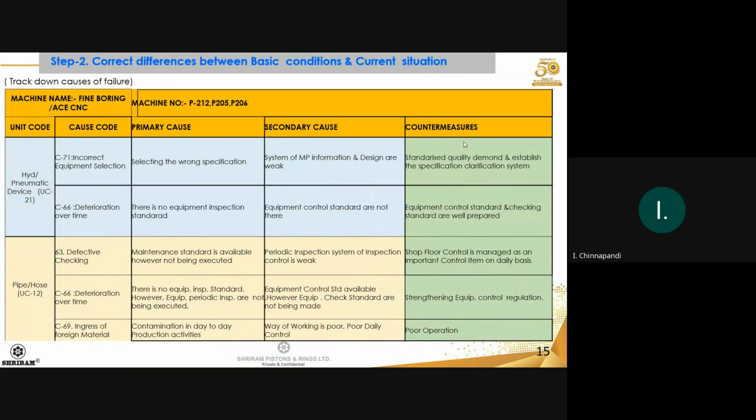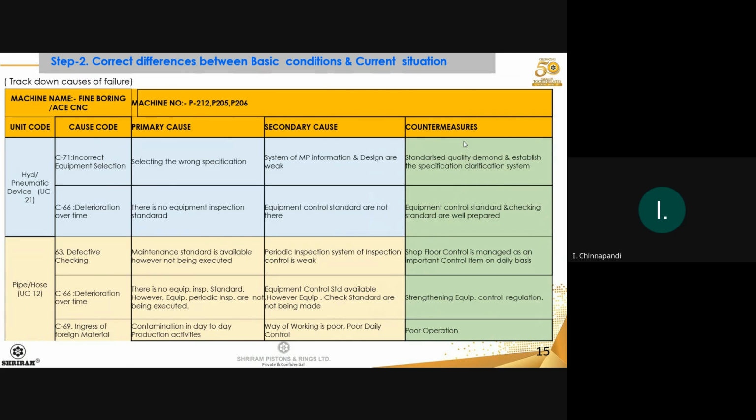And these are the things where we identify the root cause, whether it's the primary cause or the secondary cause, and what is the countermeasure. For example, for a hydraulic or pneumatic device, the cause code is incorrect equipment selection, selecting the wrong specification, deterioration over time. There is no equipment inspection standard. So when we find the primary cause, what could be the secondary cause? Equipment control standards are not there.